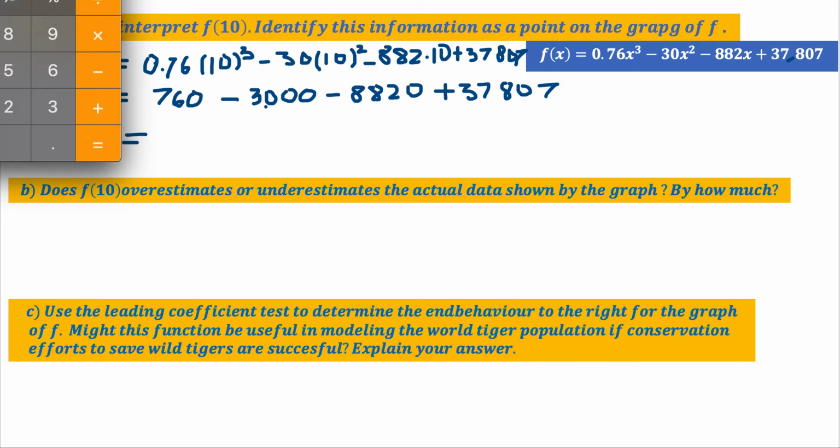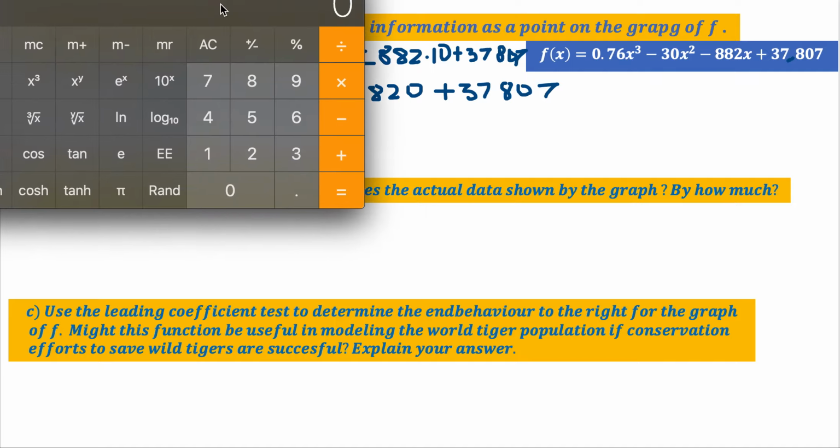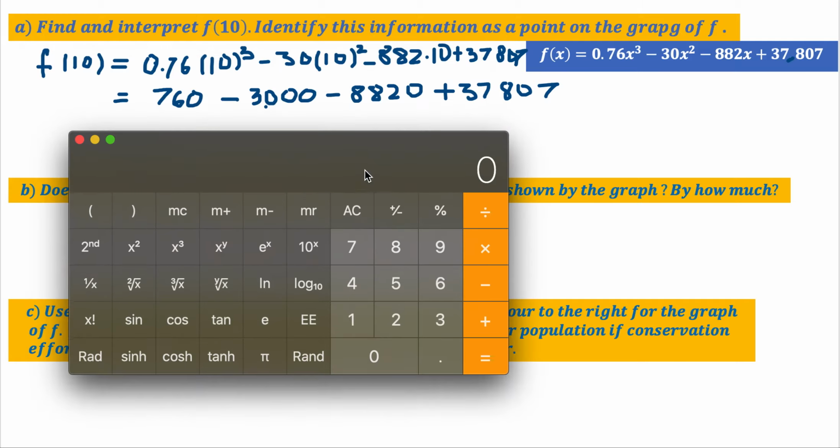And the calculator shows us this number here. So 37,807 minus 8,820, and minus 3,000, and plus 760.